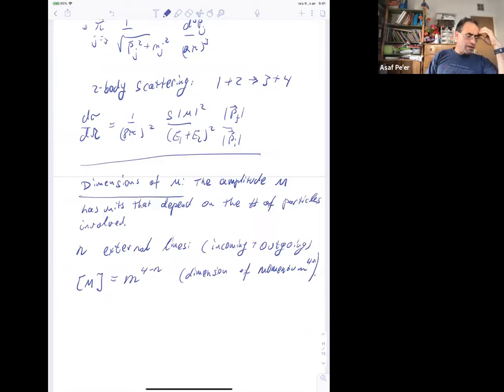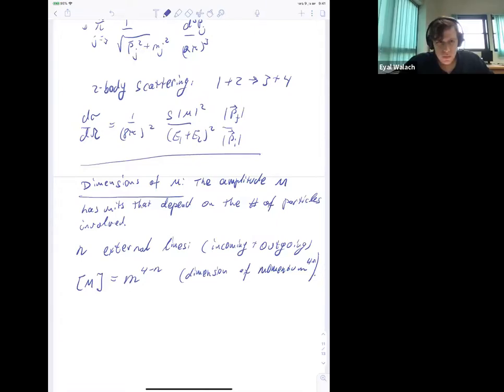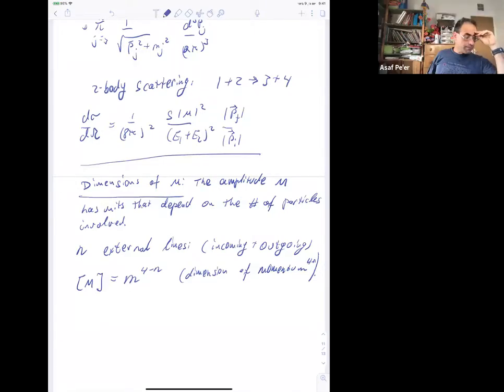So in a two-body scattering process, what's the dimension of M? Nothing, 1. Okay, it's dimensionless. But if we speak about the decay of a particle into two particles, what's the dimension of M?